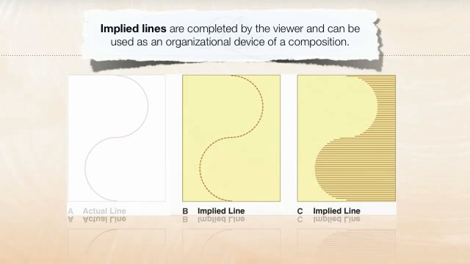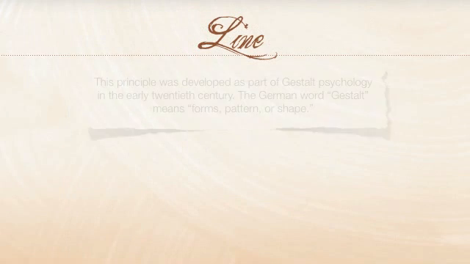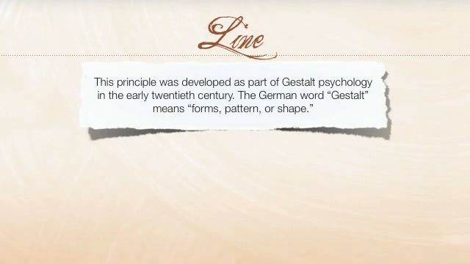Our eye observes the general direction in which the undulations of the lines in diagram C go. We see these implicit lines because our mind prefers to see a unified whole before it experiences the individual parts. This principle was developed as part of Gestalt psychology in the early 20th century. The German word Gestalt means form, pattern, or shape.